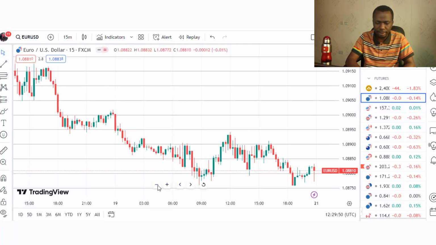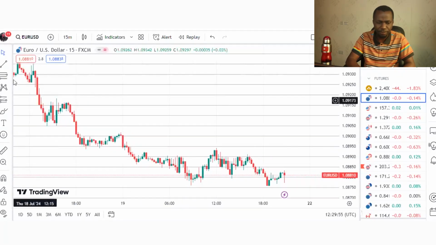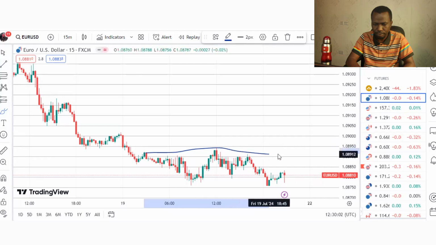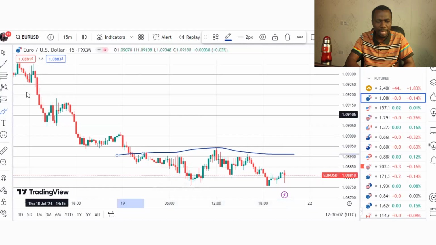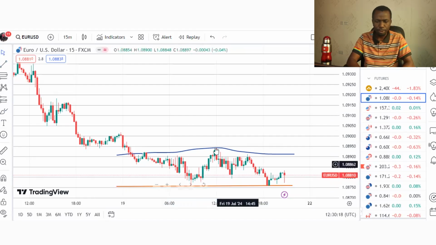Now let's zoom in a little. At the 15-minute time frame, this level will be working as a resistance level, and this level will be working as a support level.